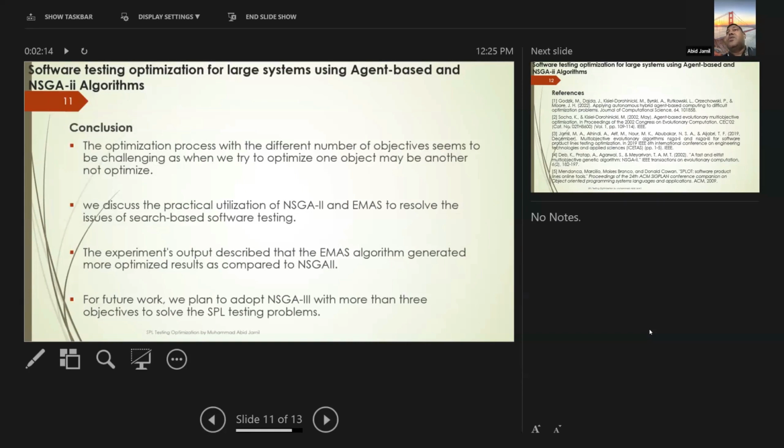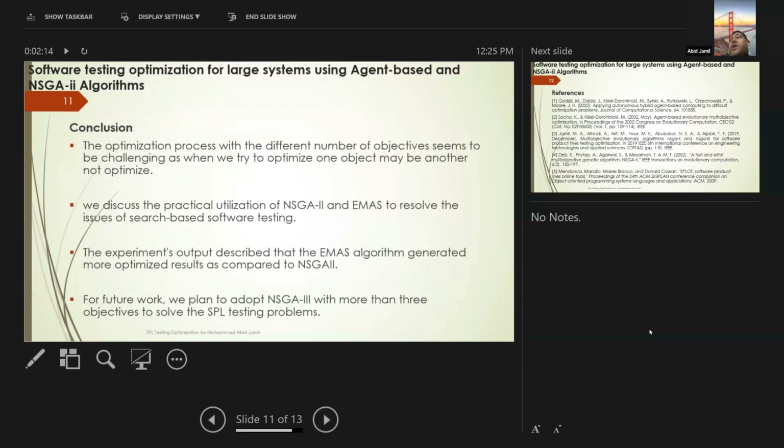We discussed the practical utilization of NSGA-II and EMAS to resolve the issues of search-based software testing. We compare them here, and this is the novelty of our work. The experiment output shows that the EMAS algorithm generates more optimized results than NSGA-II.